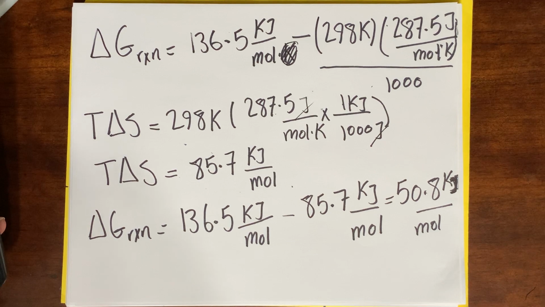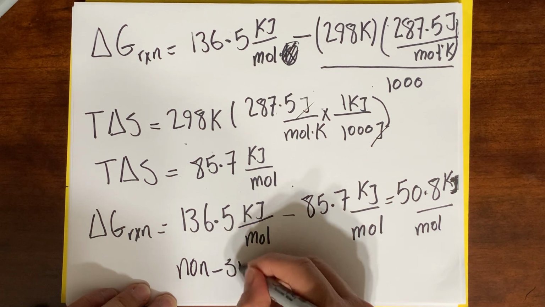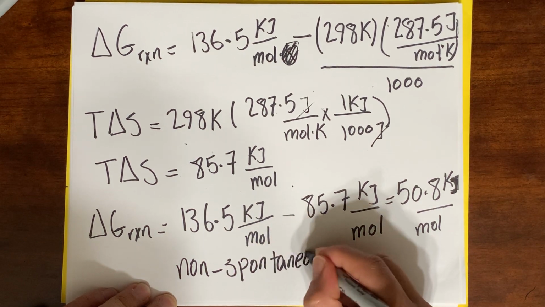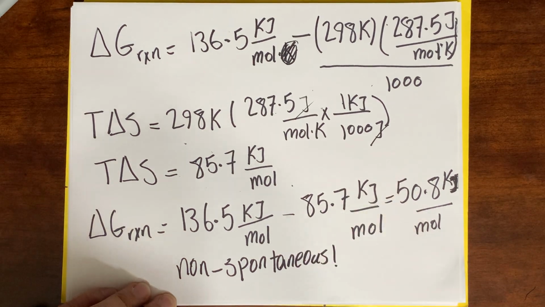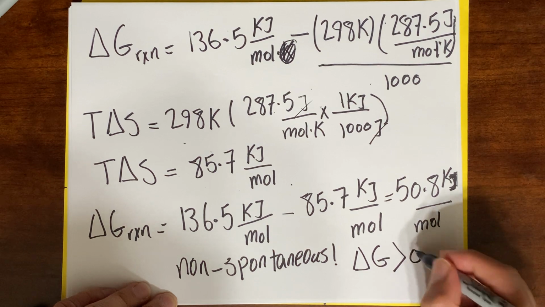Because this is a positive number, it will be non-spontaneous, because delta G is positive.